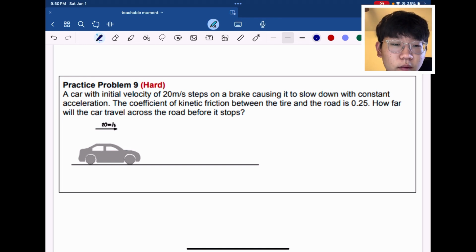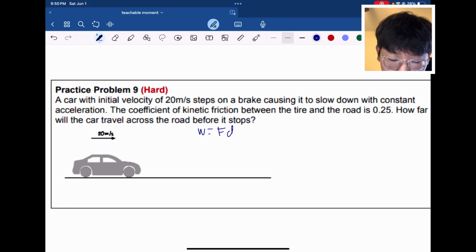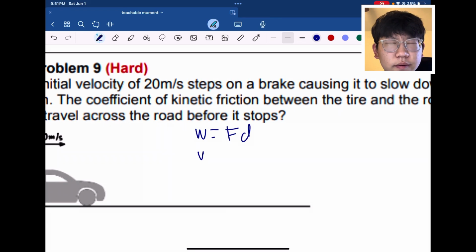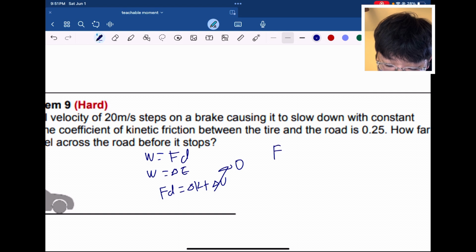Okay, so I think the easiest way we can approach this is force times distance, because work is change in energy, and then we can set up the same as the previous question. For this one there's no height, so that should be 0.